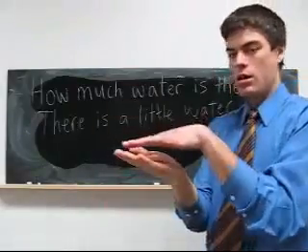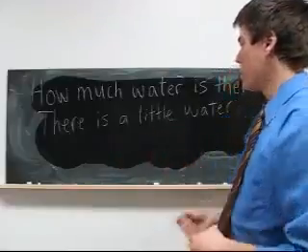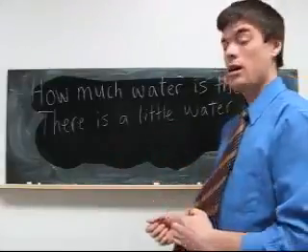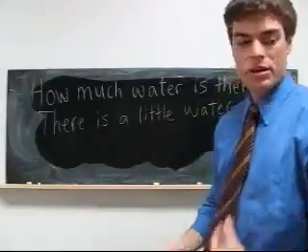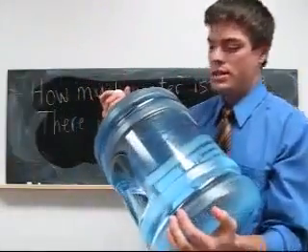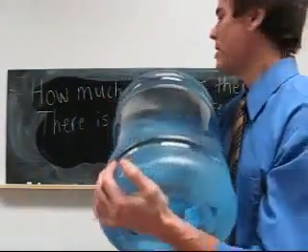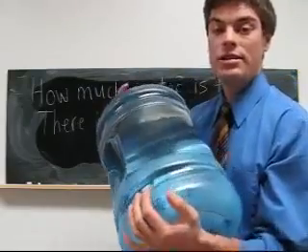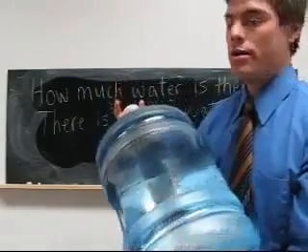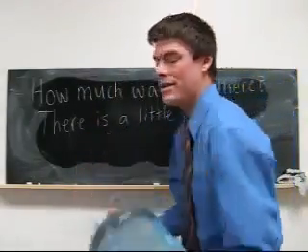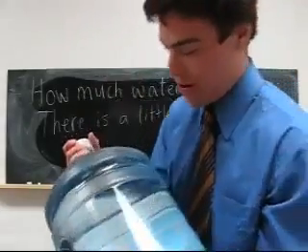Little means small, whereas a lot means big. If I say how much water is there, you say this or there is a lot of water. How much water is there? There's a lot of water.